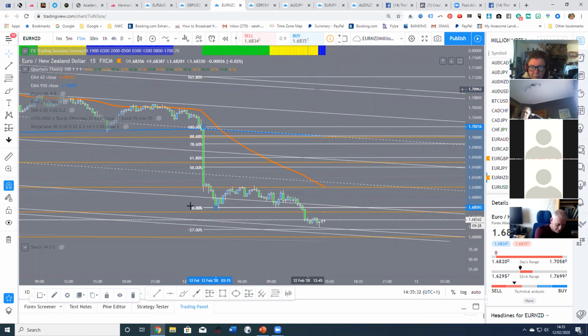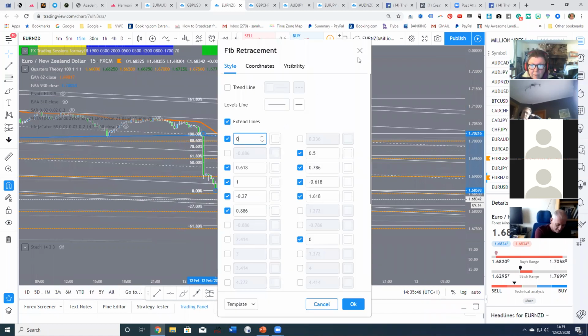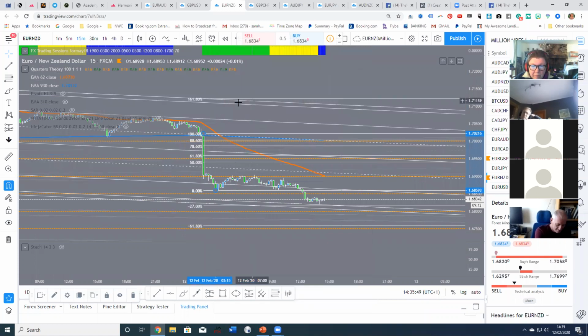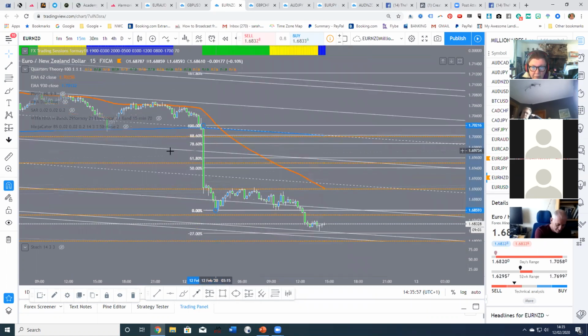So I'm sorry about all these. Let's see if I can get rid of some of these lines. At least change the color. Oh, that's the fib retracement. Maybe I'll leave that at the moment. Okay, so I haven't got any extra lines.